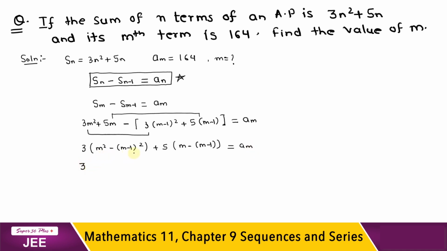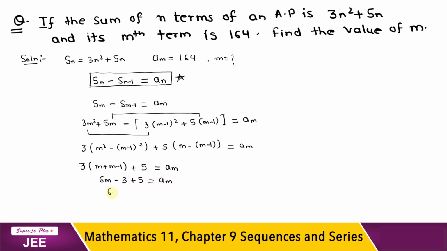We can use the a square minus b square identity, which is equal to (a plus b) and (a minus b), and a minus b is nothing but equal to 1. So over here we have m minus m plus 1, which is again equal to 1. So this is equal to am. So we have 2m minus 1 multiplied by 3, which gives us 6m minus 3 plus 5 equals am.